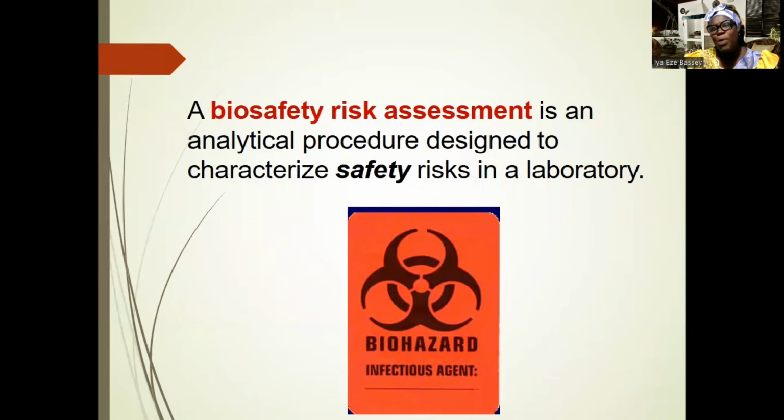So your biosafety risk assessment is an analytical procedure that is designed to characterize safety risk in a laboratory. Remember that very interesting diagram in our series 1, where we were trying to save the mad scientist from exposure to the biological toxins he was working with. So for you to be able to do that, you need to have a biosafety risk assessment.